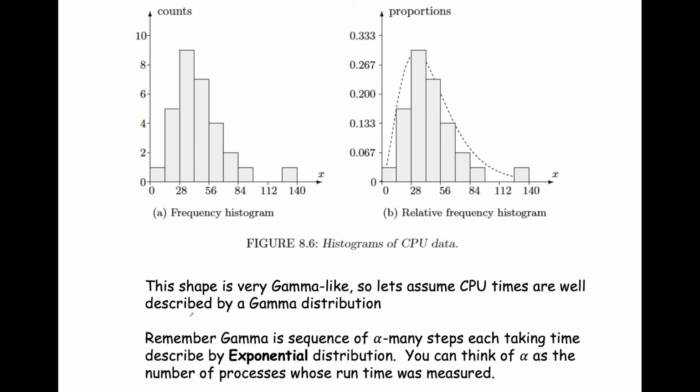And so let's recall the structure of stochasticity associated with the gamma. Let's recall that from last semester. We said a gamma is a sequence of steps, alpha many steps, a so-called algorithmic execution, and each step takes some amount of time, where that time is described by the exponential distribution. And so in this case, our alpha is the number of processes whose runtime we measured, where each runtime is governed by the exponential distribution.